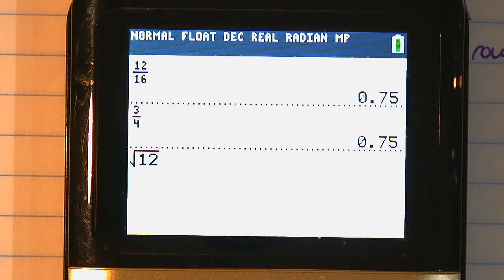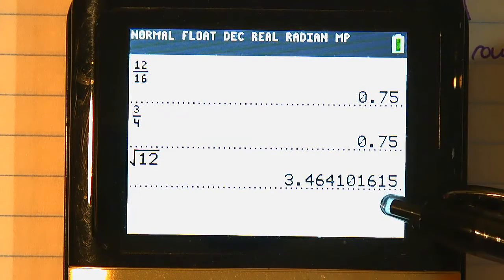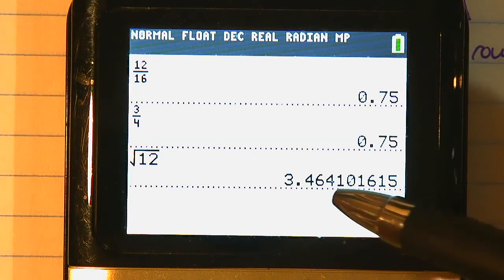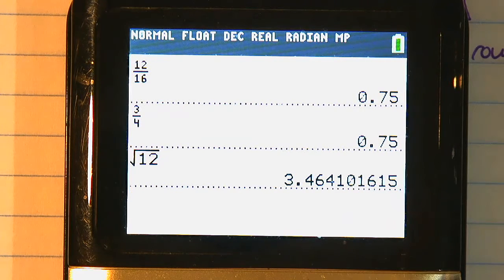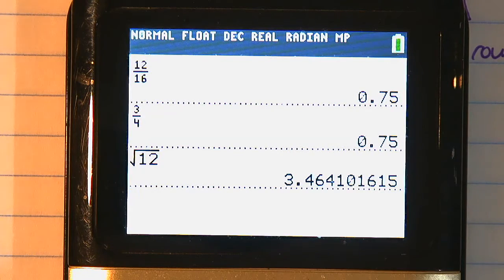This isn't exactly the way the theorem is written, but if I do the square root of some number and I get a decimal, this is an irrational number. And remember, irrationals go forever. So the very fact that this decimal stops means that the calculator has rounded it off.